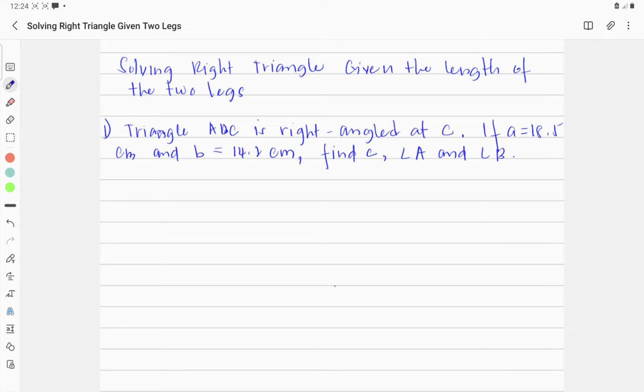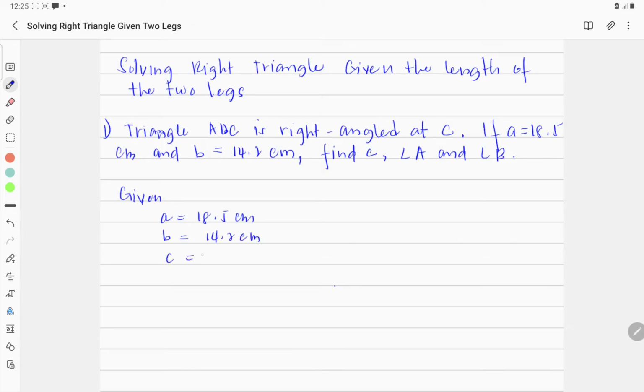So to be able to visualize, you have here the given. Now writing the given or available data, we have here the A, the shorter side, that is 18.5 centimeters. Then the shortest side, we have B is 14.2 centimeters.